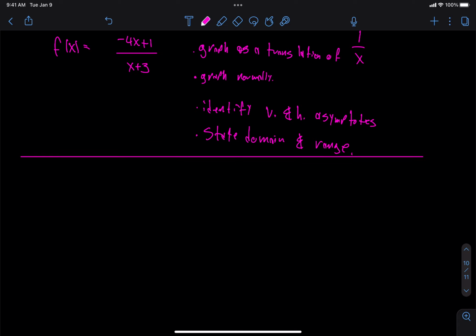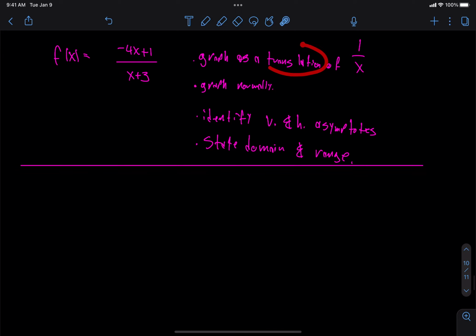Okay, so let's first think of this as a translation of 1 over x. Well, really it should be transformation, right? Did they use the word translation in the homework? They did. That's kind of strange. Well, anyways, let's start by trying to view it as a transformation of 1 over x.